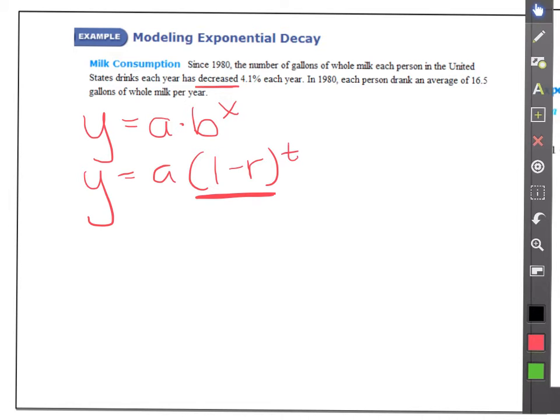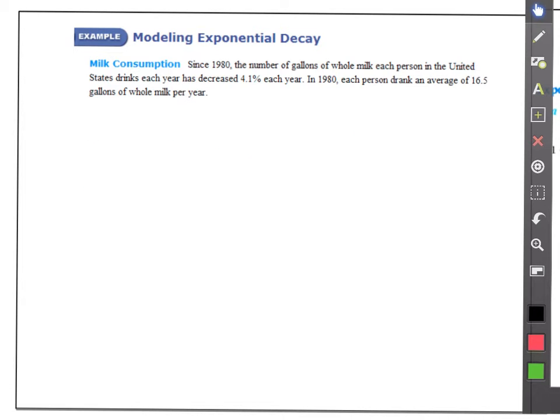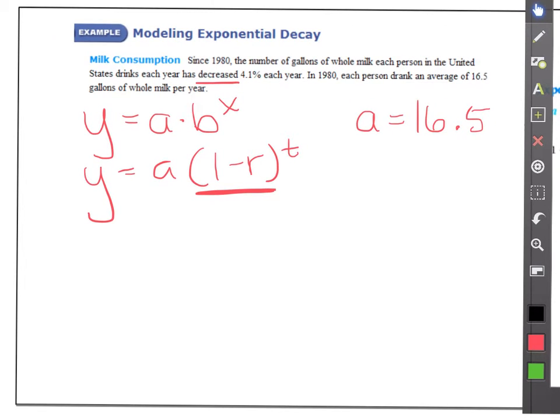So we're told from the problem that the initial consumption was 16.5 gallons of milk per year for each person. Then they tell us that that amount is decreasing by 4.1% each year. So converted into a decimal by dividing by 100, that's 0.041.